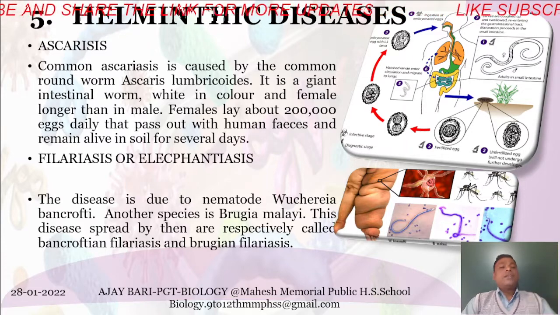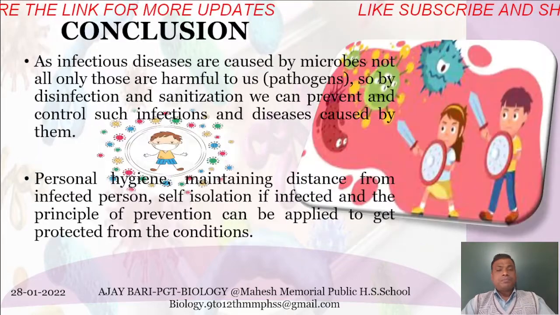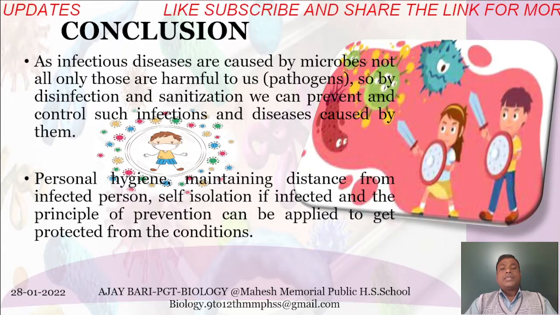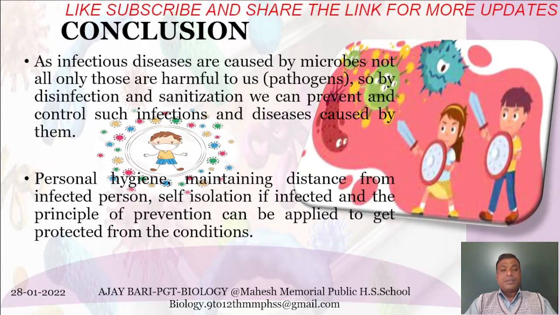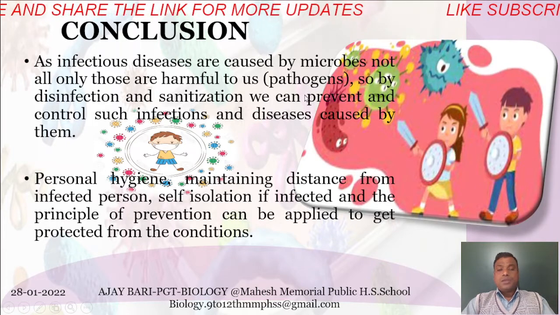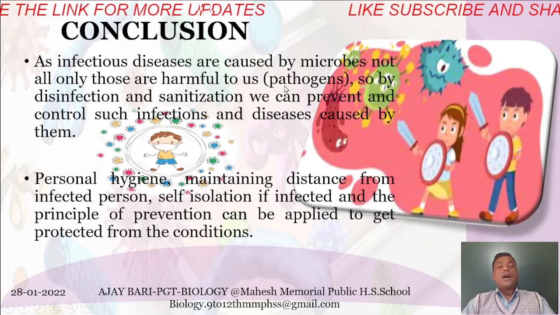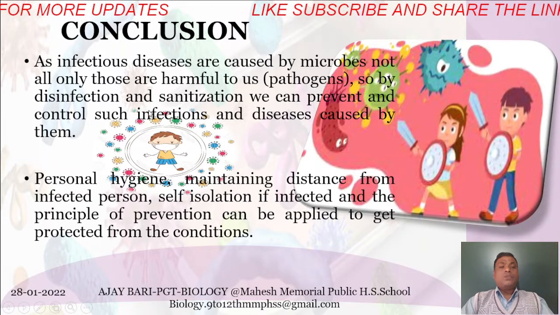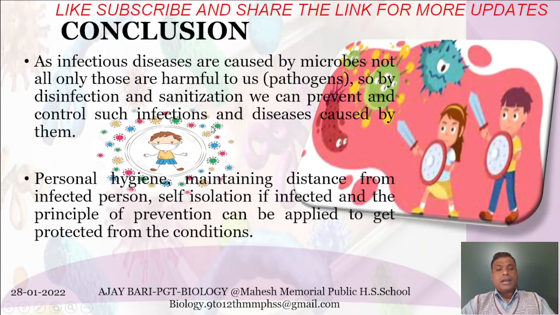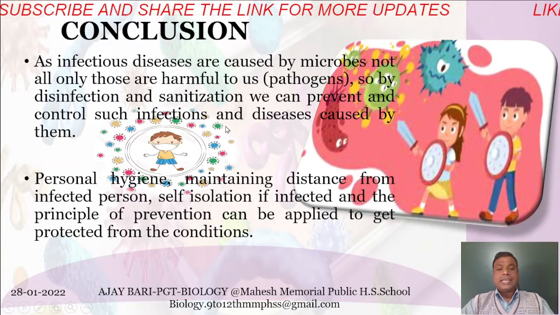So these were the pathogenic, or infectious, diseases we have covered. Definitely the cause of infectious disease is microbes. Not all microbes, but the pathogens, those which harm us. By using sanitization and disinfectant methods, we can protect ourselves from infection and disease.